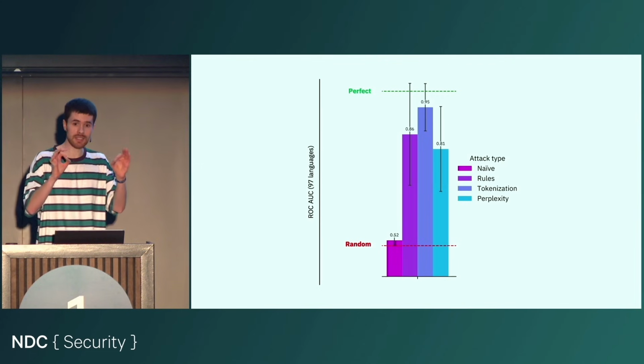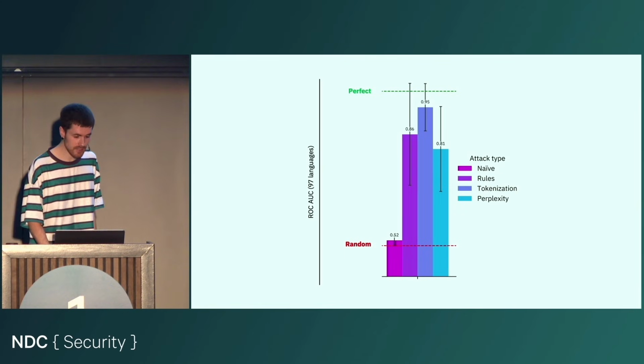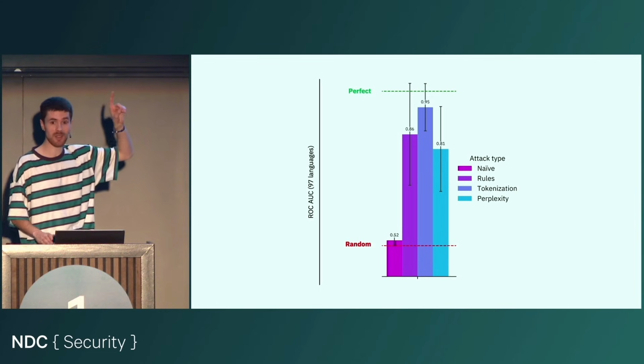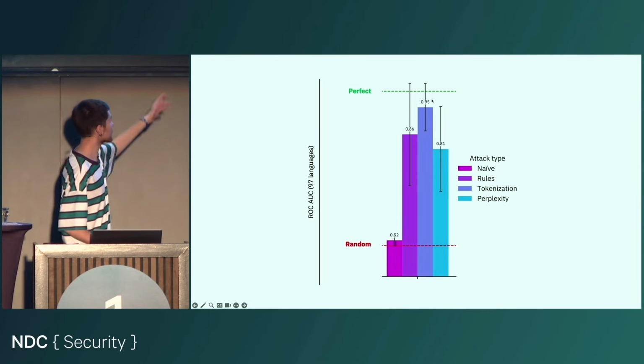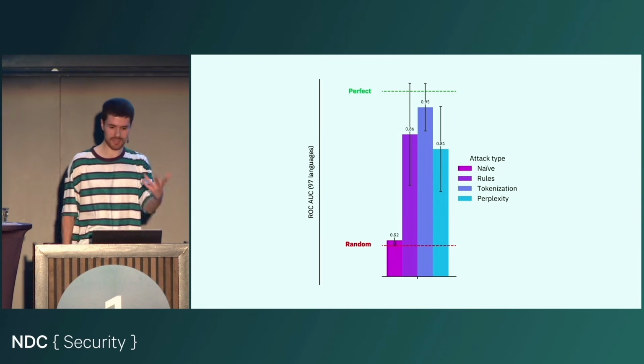We have 97 languages talking about completely different contexts, and still we can see that tokenization does very well. It stands against a lot of different languages, contexts, etc.